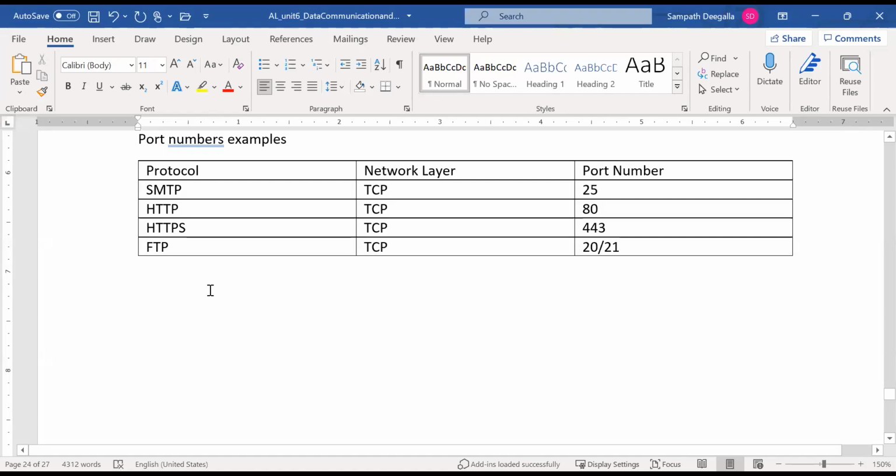Then I would like to discuss the multiplexing idea. The term multiplexing we use to identify when you combine and send multiple data. Multiplexing means you combine the data.